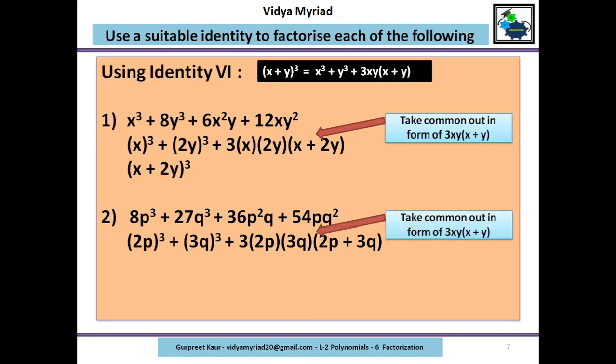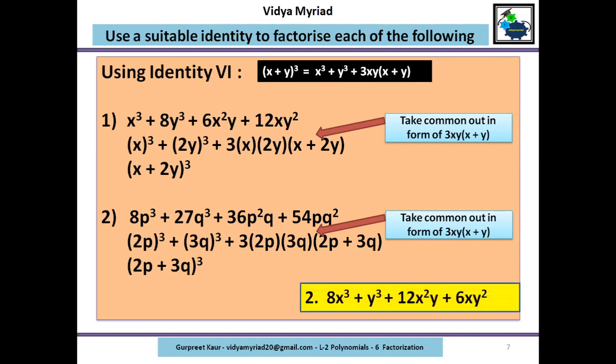It will look like 3xy times x plus y, which means I can write my answer as 2p plus 3q the whole cube. Okay. Based on this, you can easily solve this question.